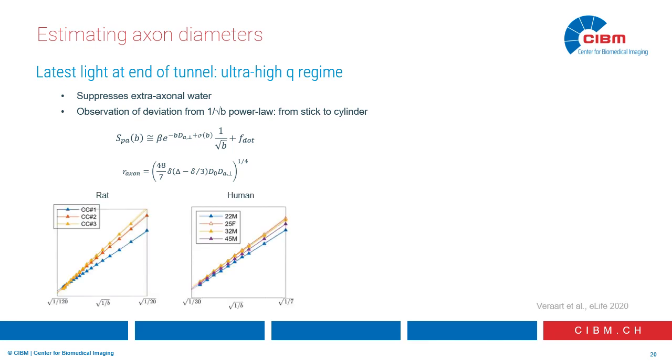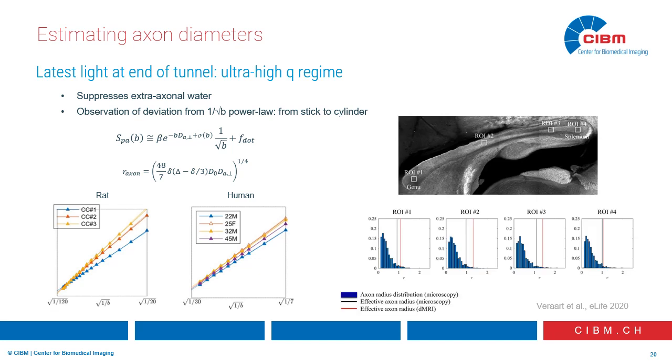This has also been shown very recently, both in rat and human corpus callosum, where going from b values up to 20 to 120, or from 7 to 30 in human, you could start to see a deviation from this stick model and estimate the axon diameter, which for once was very much in agreement with microscopy estimates of effective axon radii, where we know that the larger axons that constitute the tail of this distribution contribute the most.